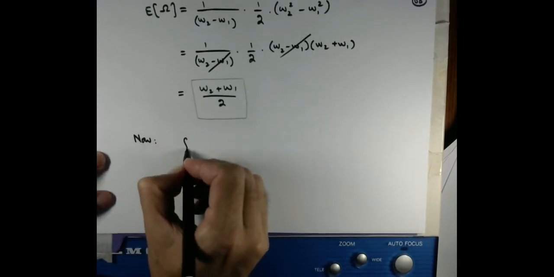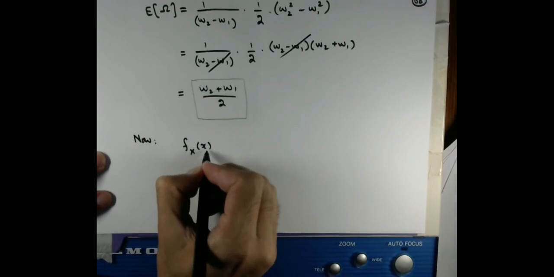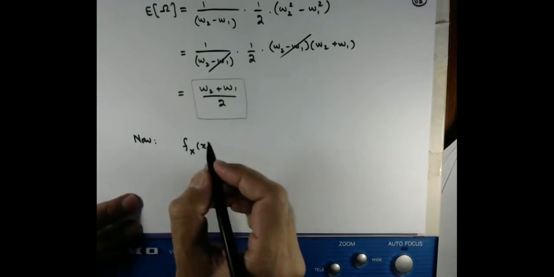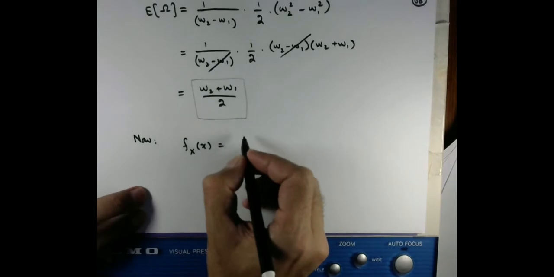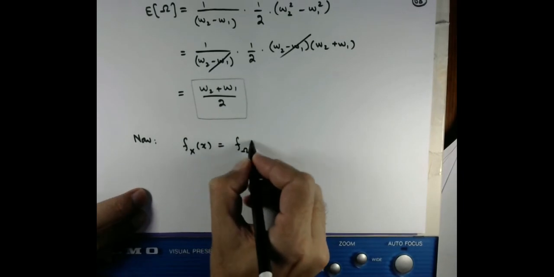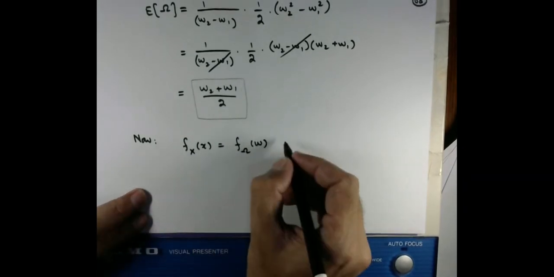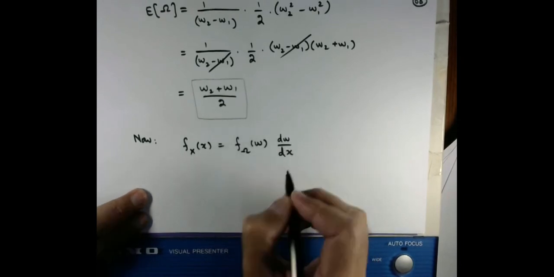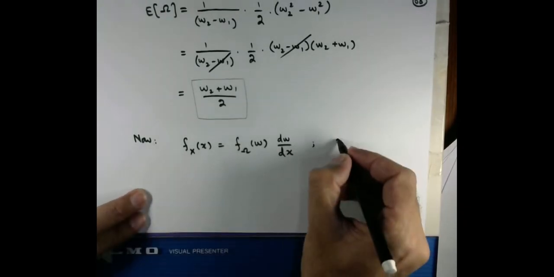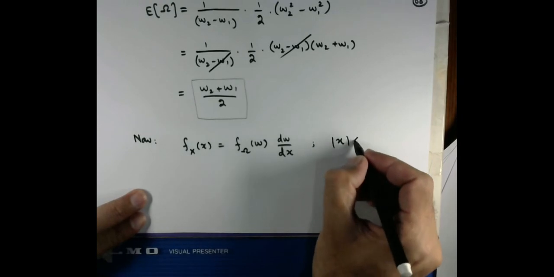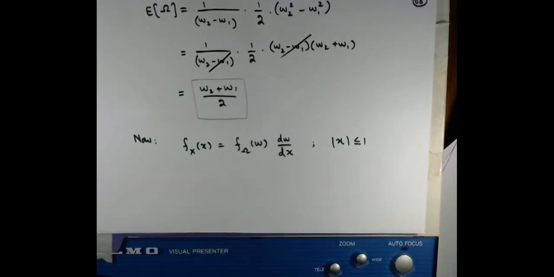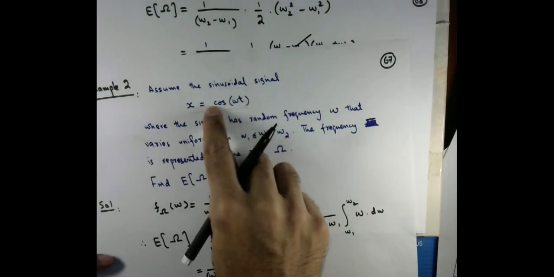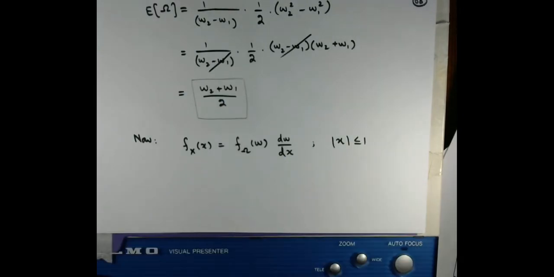Now you know f sub x of x, which is your derived random variable, is related to the parent random variable through this relation, and you know x absolute is less than or equal to 1 because of this functional relation. It cannot go beyond -1 or +1 because it is cosine.